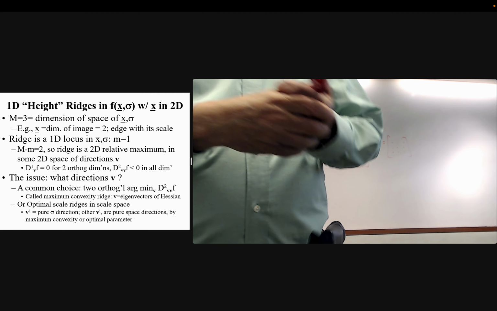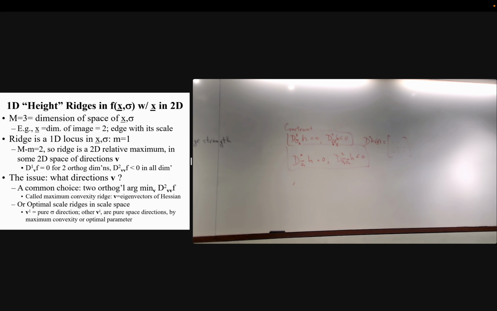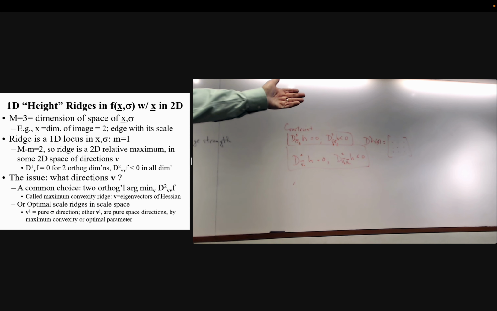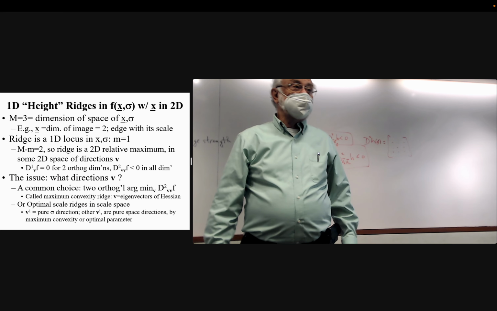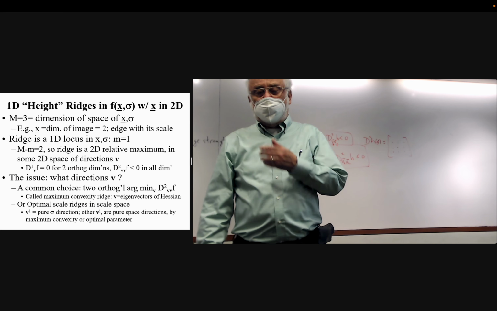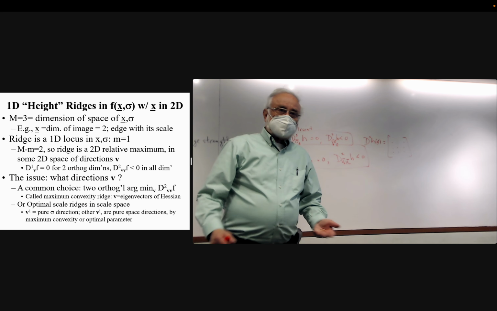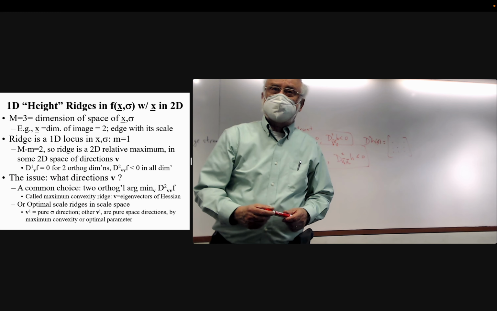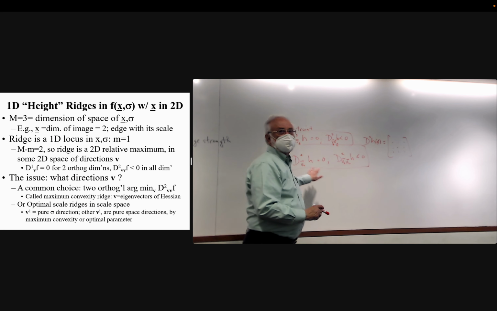So we're going to need a V1 and a V2, 2 directions at any point in X, Y, sigma. We'll do that by looking at the eigen analysis of this 3 by 3 Hessian. And it will need 2 negative eigenvalues, and the corresponding eigenvectors. If there are 3, it's the 2 most negative of them. The corresponding eigenvectors will be respectively V1 and V2.